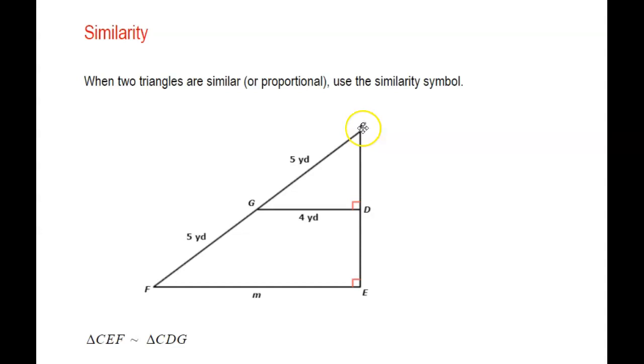For example, this triangle CEF, in other words, this big triangle, is similar, which again means proportional, to the smaller triangle CDG. Again, there's a way of figuring it out. I'm not going to go through it in this particular video. There's another one for that, but this is the symbol that you want to use for similar. It's just a squiggle without the equal sign or the single line underneath. That just means proportional to one another.